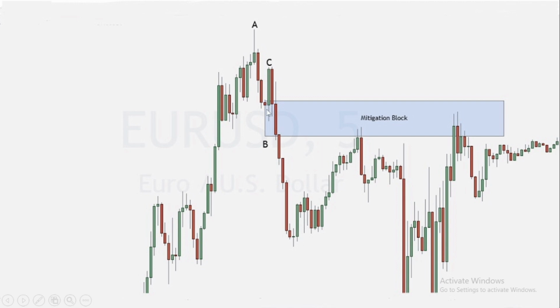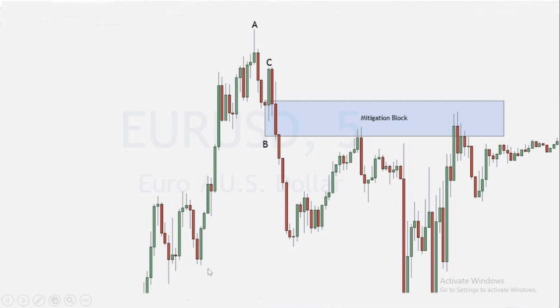So this order block here, that was supposed to act as support for price, broke, and now it is acting as resistance to price. Look at the reaction. Boom.